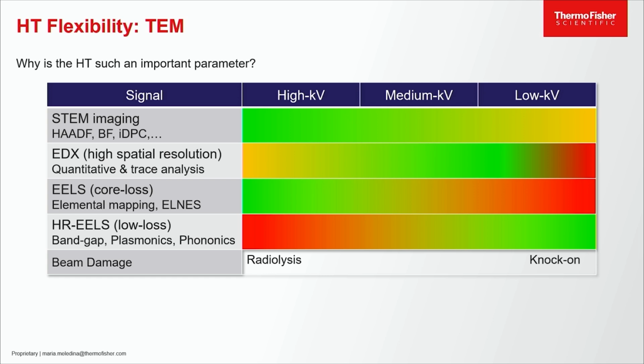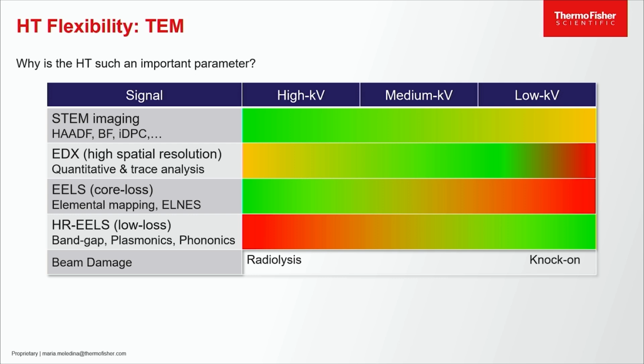I will start with a couple of words on HT flexibility, because with our Ultra instruments, Spectra Ultra and Iliad Ultra, you can switch between different HTs in a matter of minutes. But first of all, why would you actually need to do it? The first reasoning is that different techniques in our microscopes require different conditions.